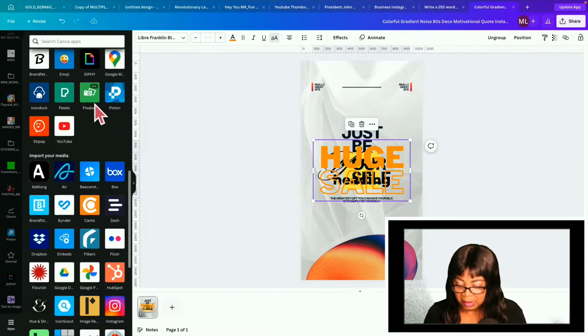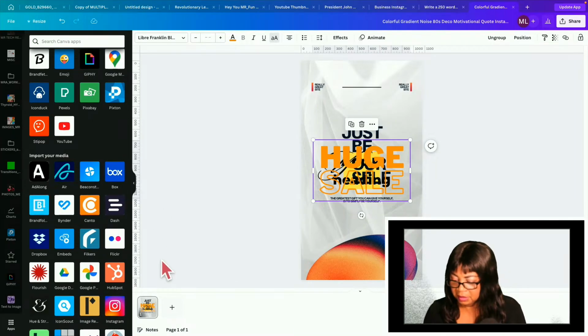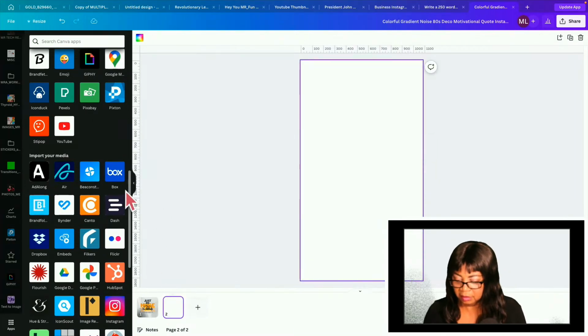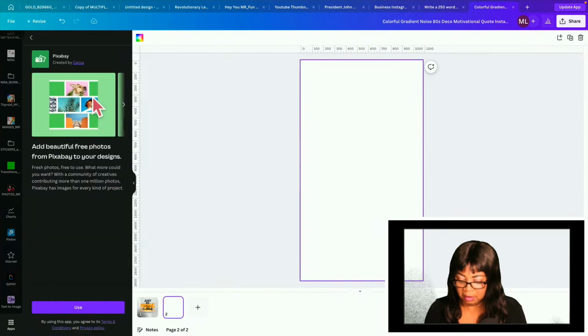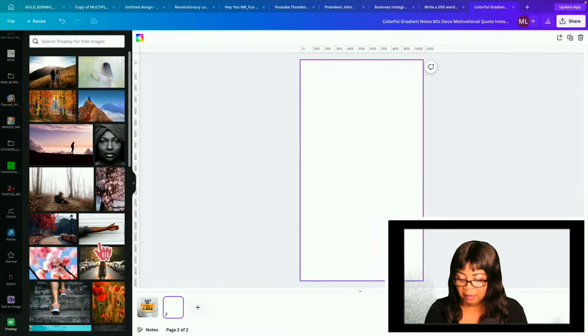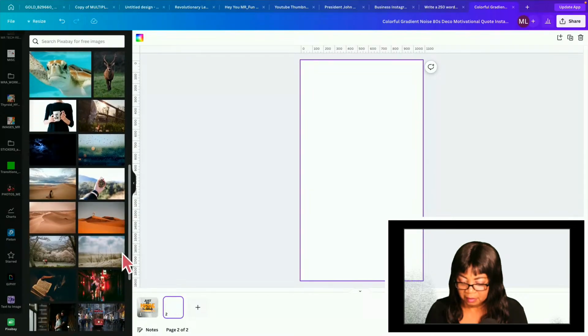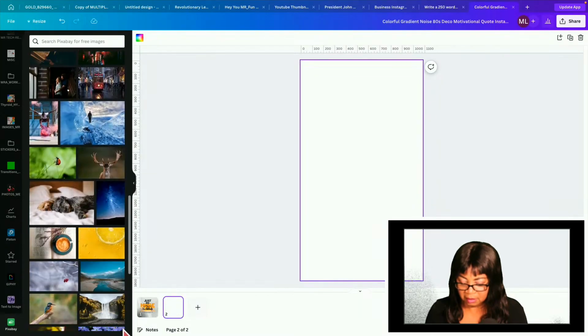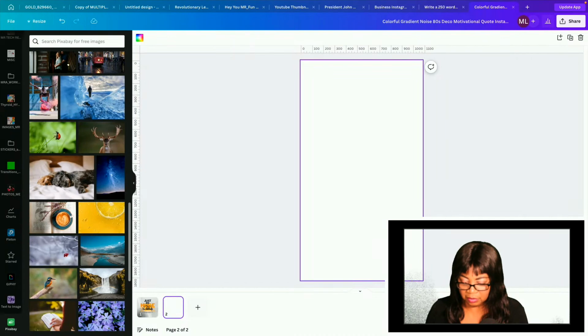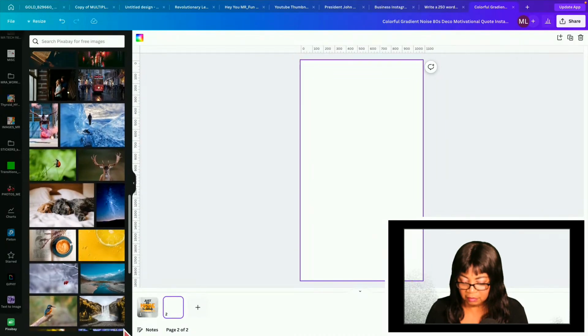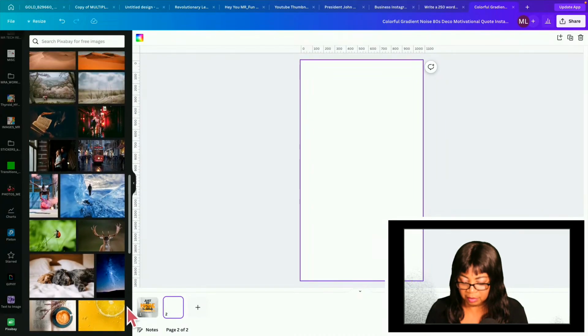Let's see what else we have. It's got Pixabay, I think. I think this is where you get free photos. They said that you can use it. Let's take a look and see. Oh, how cool. Look at that. I think you can search for what you're looking for.